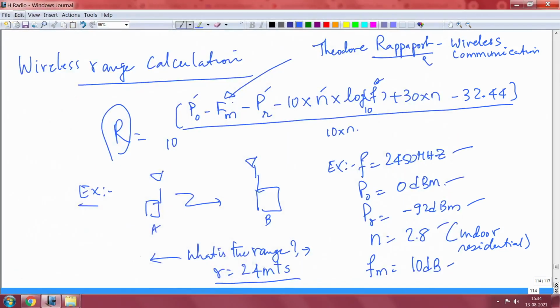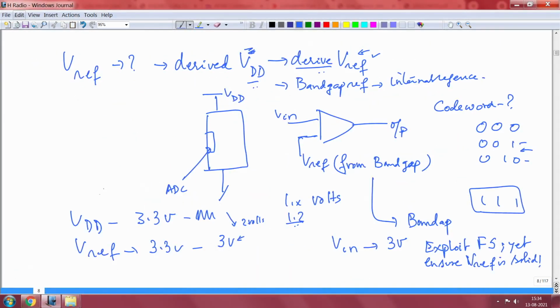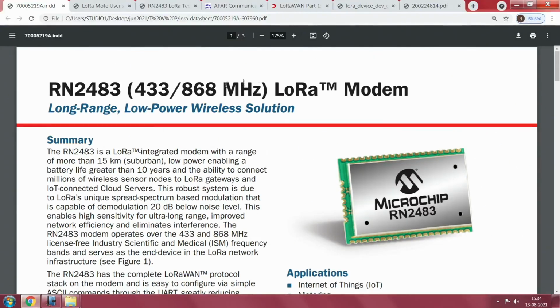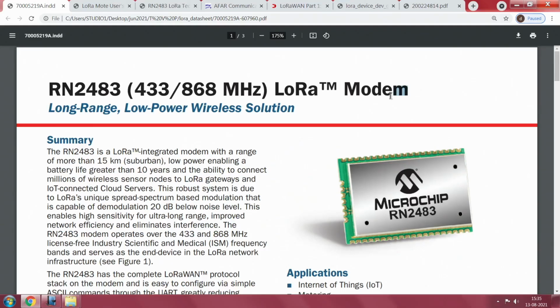I would like to point you to the data sheets, and I want to take you to the data sheet related to LoRa. We are looking at the LoRa data sheet, LoRa communication. What is LoRa, we will explain all that, but it is indeed one of the biggest and most popular solutions for low power wide area networks, which is the crux of this module that we are discussing.